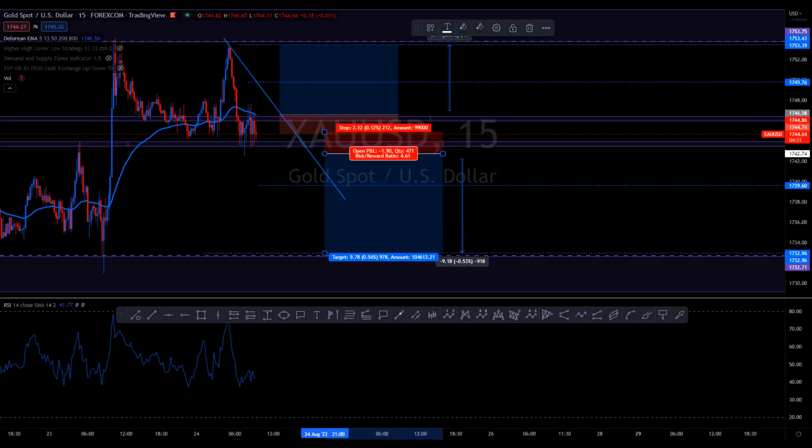Just another note, we see that there was a 3-wick rejection here and it retested this area, but then we see a lot of wick rejection up in this area as well. So it's clear that the bulls and the bears are fighting back and forth. We just need to figure out exactly who's going to win out of that fight.